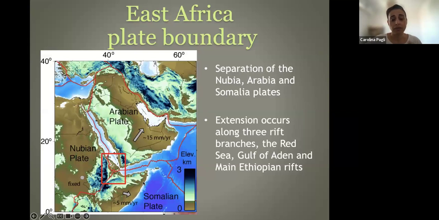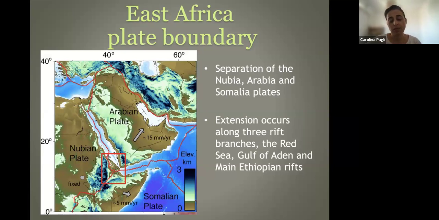And the divergence of three different plates has really created what is a triple junction and the formation of three rift branches. The one to the north, which is the Red Sea Rift, and the one to the east, this one, the Gulf of Aden Rift, and finally the one to the south, this one, the main Ethiopian Rift.